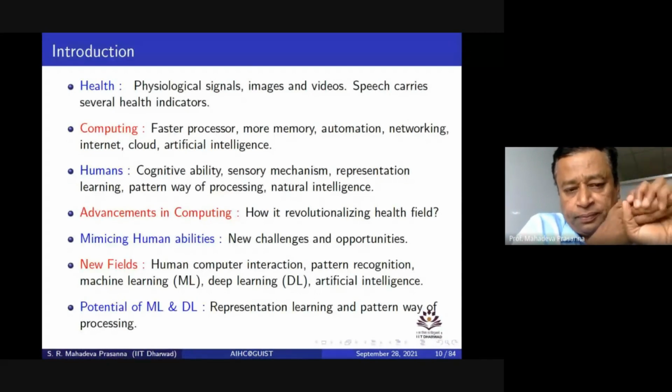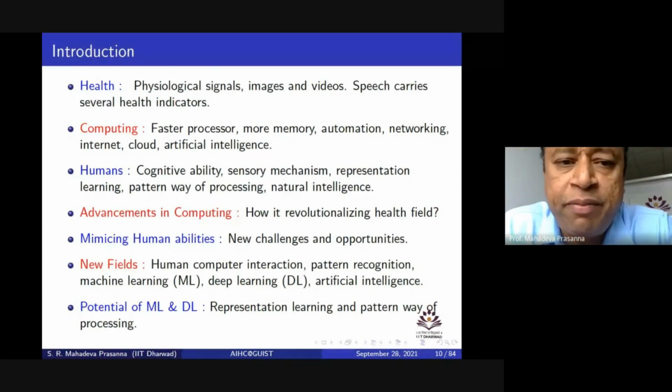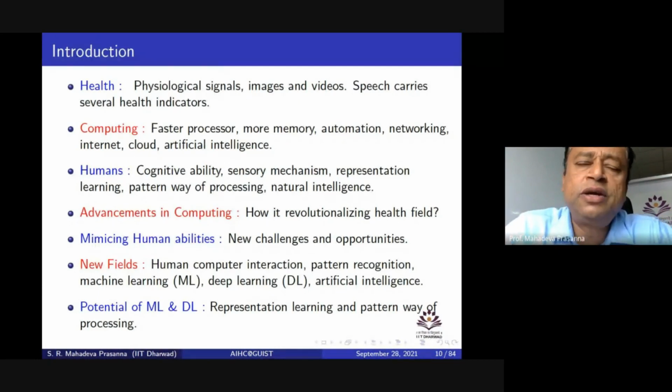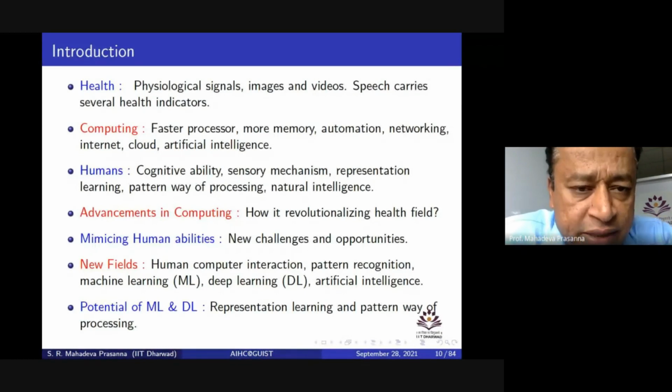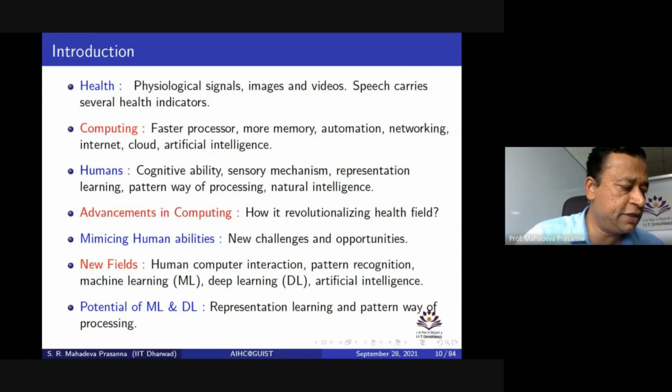So these are the three factors we are considering. One is the health aspect: health information is available in the form of biomarkers in different physiological signals, images and videos. Speech is another physiological signal where several health indicators are embedded. Second, there is a lot of development in computing in terms of processors, memory and artificial intelligence.